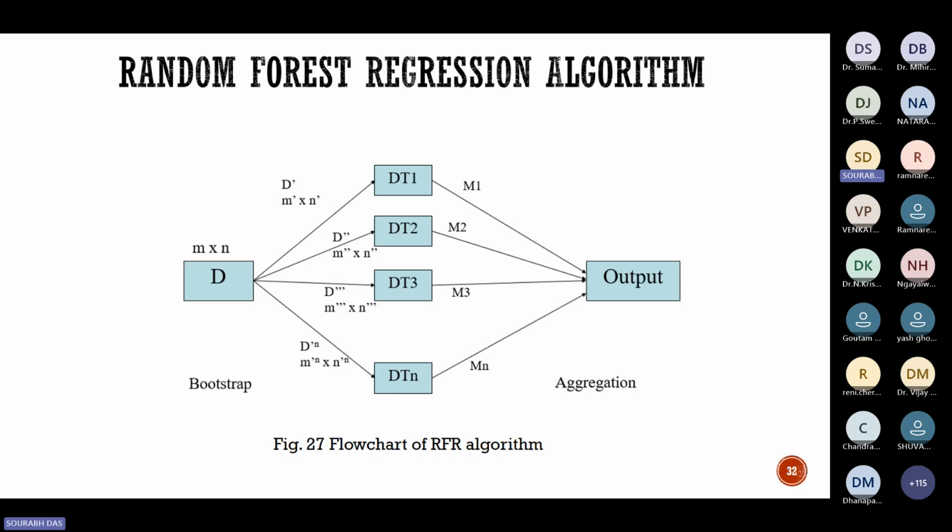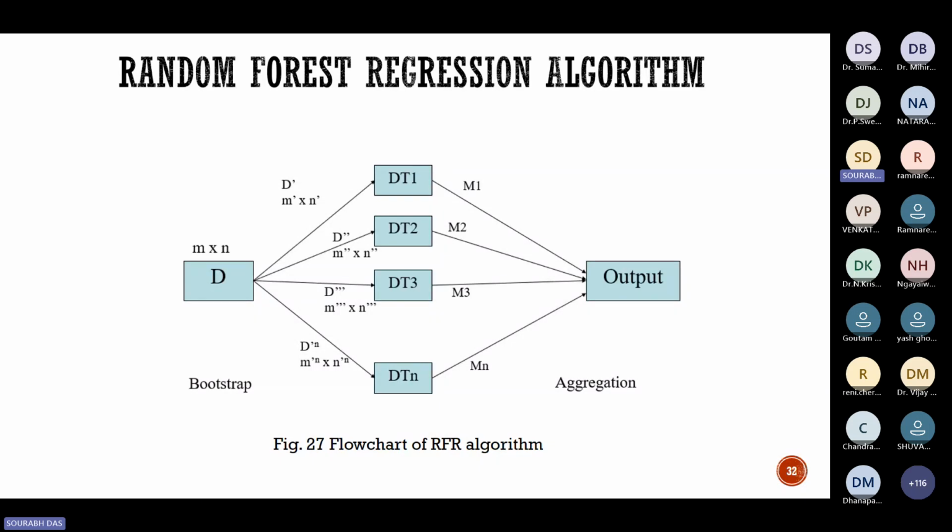Each tree learns to predict the SOC based on the provided battery parameters. DT is the decision tree, so DT1 to DTN are the decision trees here.